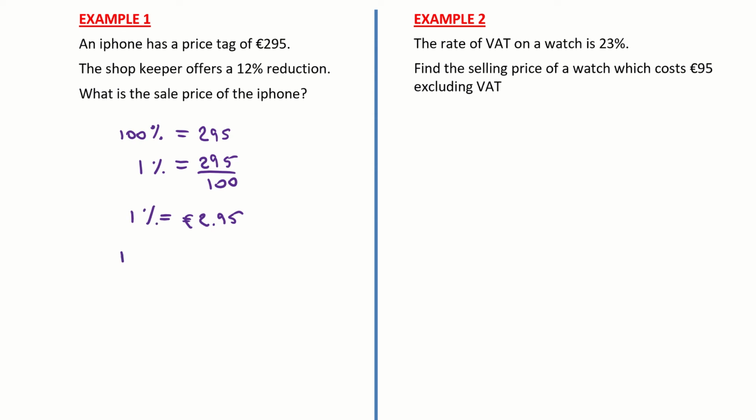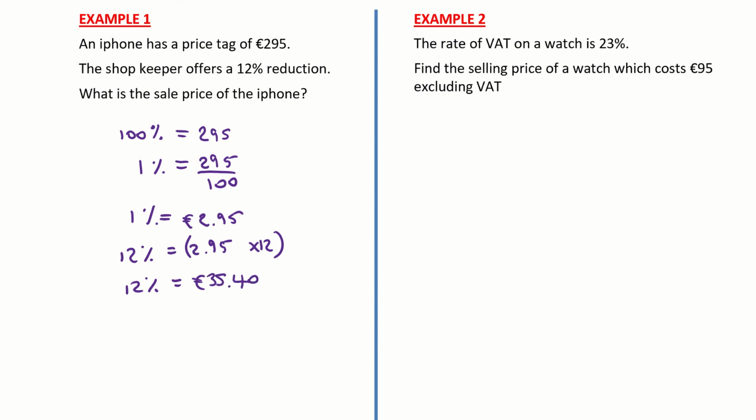We're looking for 12%. So to get 12%, I'm basically timesing by 12, so 2.95 multiplied by 12, because that's going from 1% to 12%. So the value of 12% of this iPhone is €2.95 multiplied by 12, which is getting us €35.40.